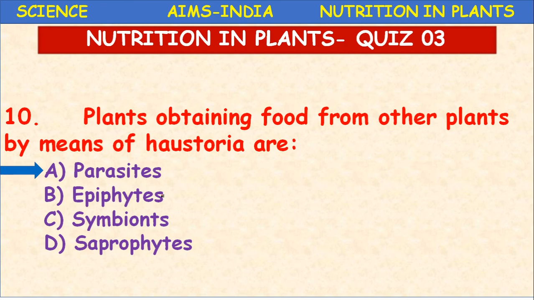Just like in higher plants, roots help in absorbing water and mineral salts, haustoria also help in absorbing food materials. So children, read the textbooks. If textbooks are not available, repeatedly watch these videos offline, and please make simple notes. For example, for today's class: define parasite.